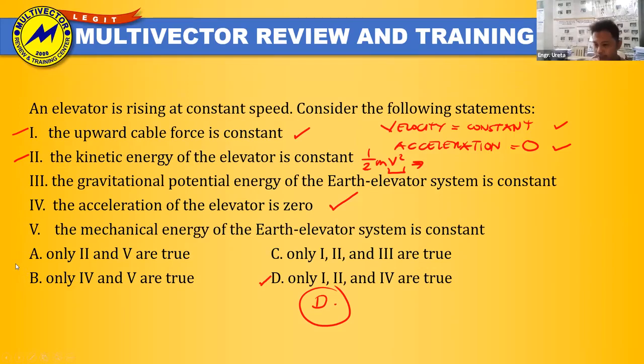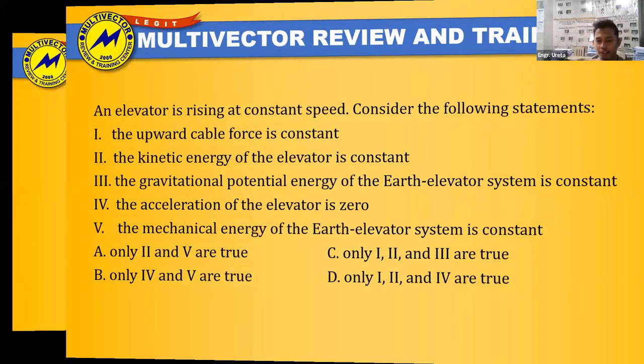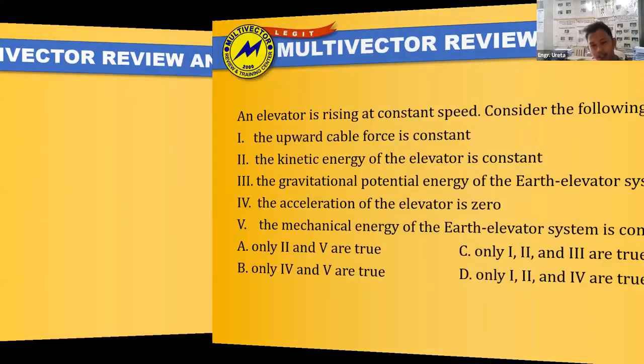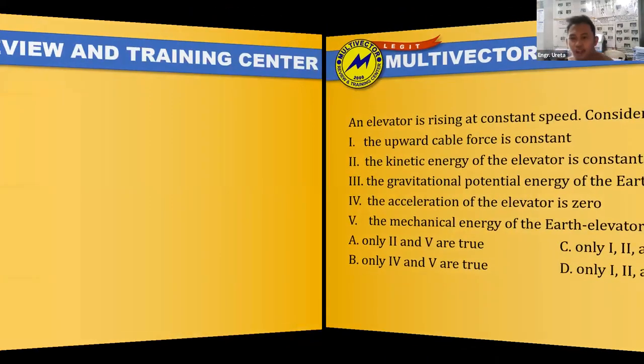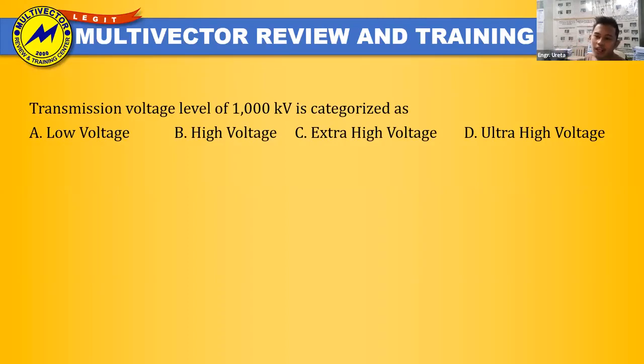Okay, so next problem, problem number 45. Transmission voltage level of 1,000 kilovolt is categorized as blank. Okay, so sa PGC natin, Philippine Grid Code natin, yung voltage level natin is naka-define lang until extra high voltage, from the low voltage to extra high.